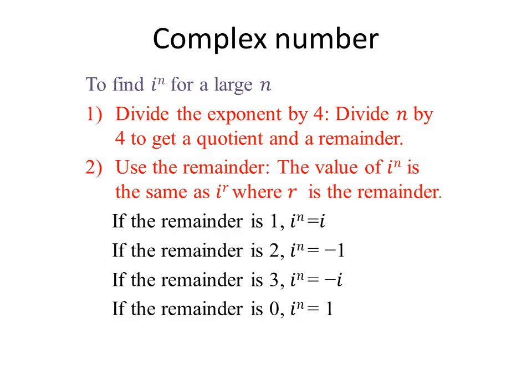In the second step, we use this remainder to find the value of i^n, which is the same as i^r, where r is the remainder. If the remainder is 1, then i^n is i. If the remainder is 2, then i^n is -1. If the remainder is 3, then i^n is -i. And if the remainder is 0, then i^n is equal to 1.